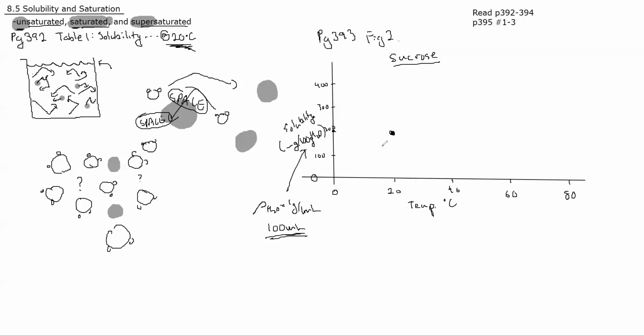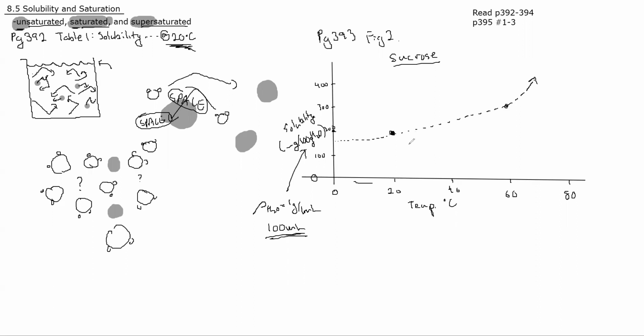So we say the solubility of sugar is 200 grams per 100 milliliters of water. But do you also notice that if the temperature decreases, the amount of sugar that is dissolved decreases, and if the temperature increases, you will see that the solubility of sugar also increases.